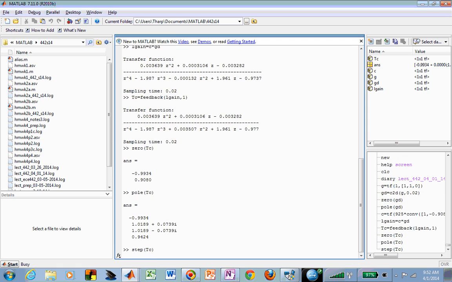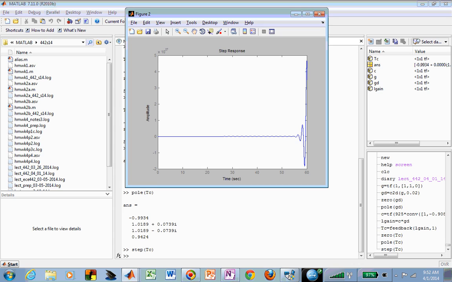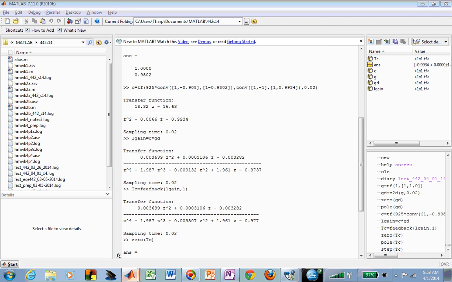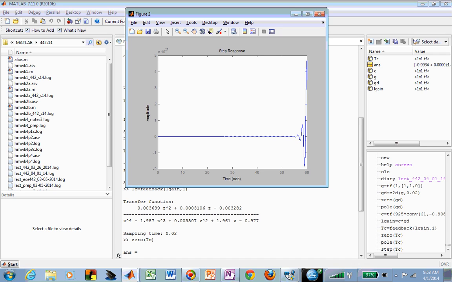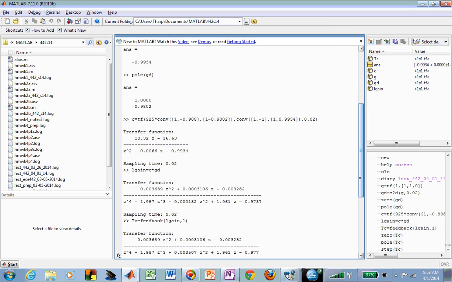So now if I look at the step response of that transfer function, if we look at that response, that's an unstable response, and so I closed up the recording session to try to find my error, and I had to go back into MATLAB, and I noticed that my controller transfer function actually was incorrectly entered.